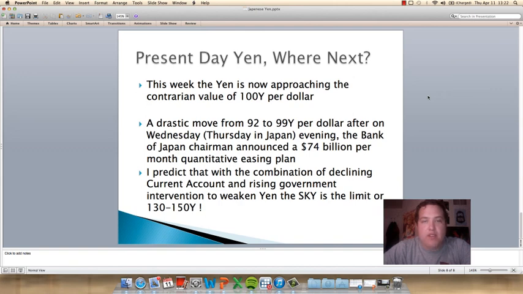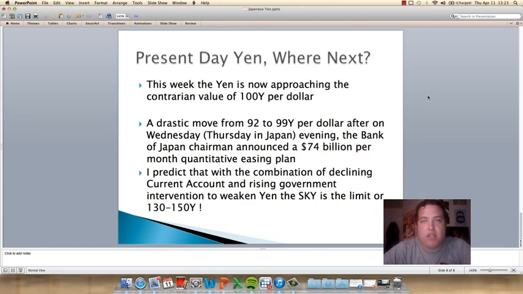Now, anyone that knows anything about quantitative easing also understands that the U.S. is doing one of $85 billion of purchasing bonds and printing money. These might seem similar in value, except you have to realize that Japan's economy is 1/3 the size of the U.S.'s. So they are essentially printing and buying 3 times more bonds and money than the U.S. is in their current quantitative easing plan.